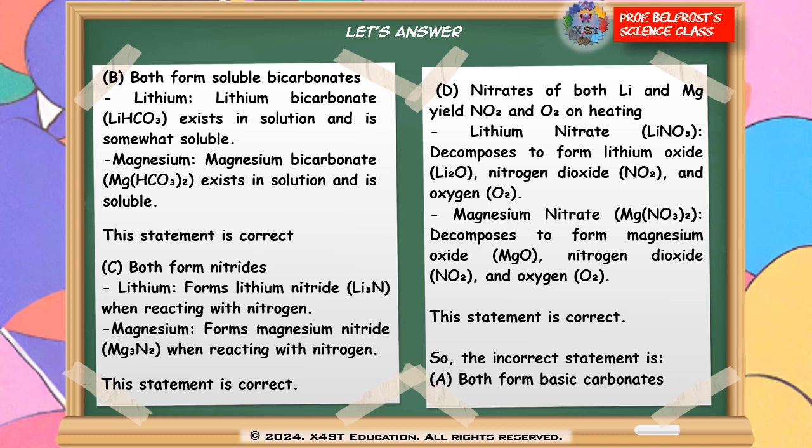Nitrates of both yield NO2 and O2 on heating. Yes, it's true, because lithium nitrate will decompose to form lithium oxide, nitrogen dioxide, and oxygen, whereas magnesium nitrate decomposes to form magnesium oxide, nitrogen dioxide, and oxygen. So these statements are correct. So the only incorrect statement here is A.